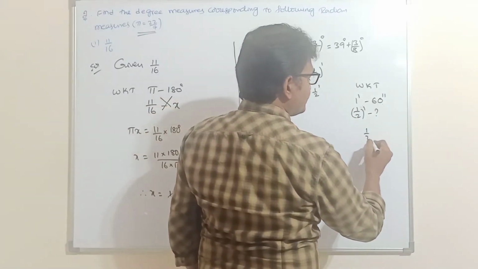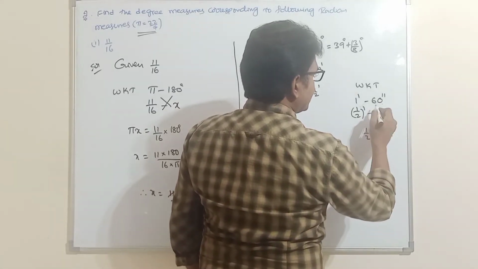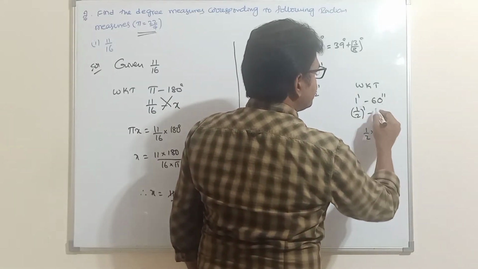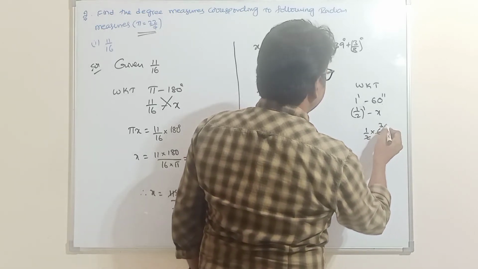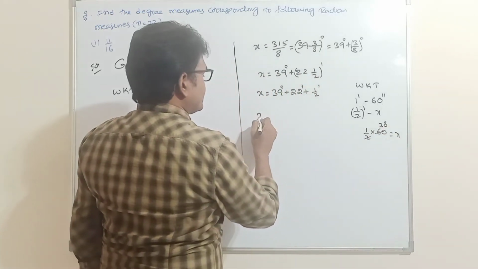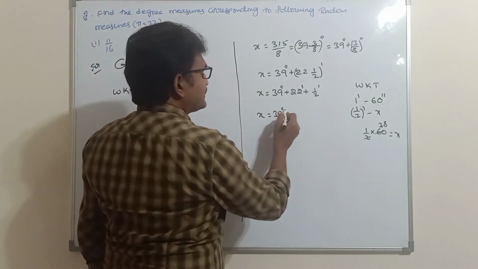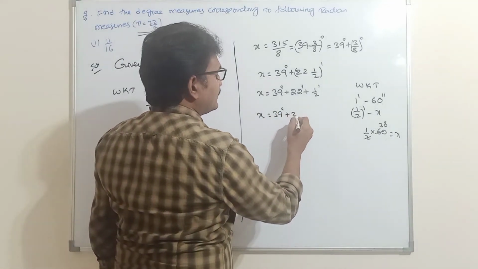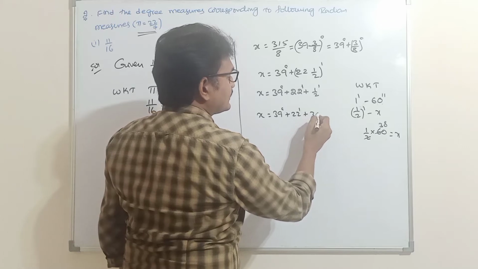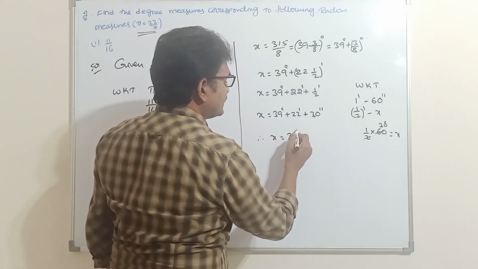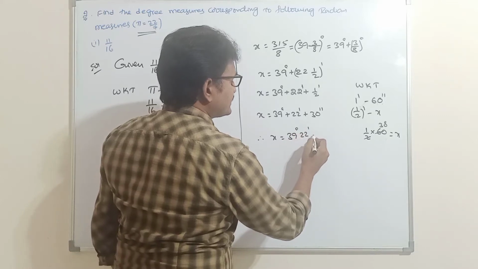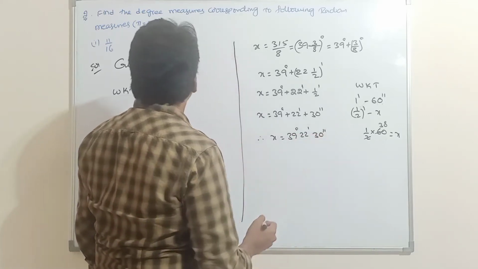So half into 60, by cross multiplying, is equal to x. So this is 30. So x is equal to 39 degrees plus 22 minutes plus 30 seconds. So the final answer is x is equal to 39 degrees, 22 minutes, 30 seconds.